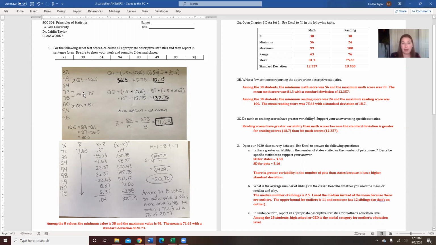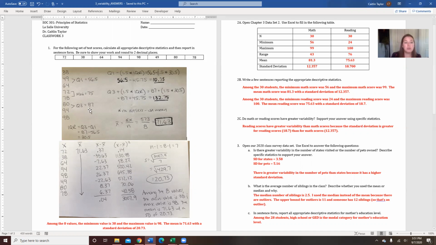So 49 plus 64 divided by 2 gives us a Q1 of 56.5. Then we're doing the same thing in the upper half of values, right? So 78 to 98, there are 4 values, which means there are 2 middle values in that upper half. And so we do 80 plus 94 divided by 2, which gives us a Q3 of 87.